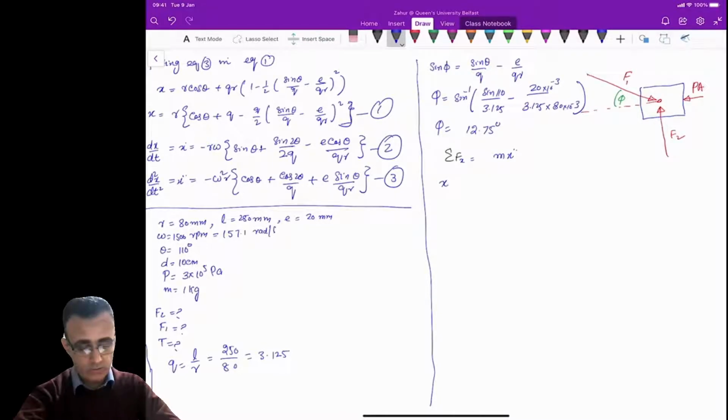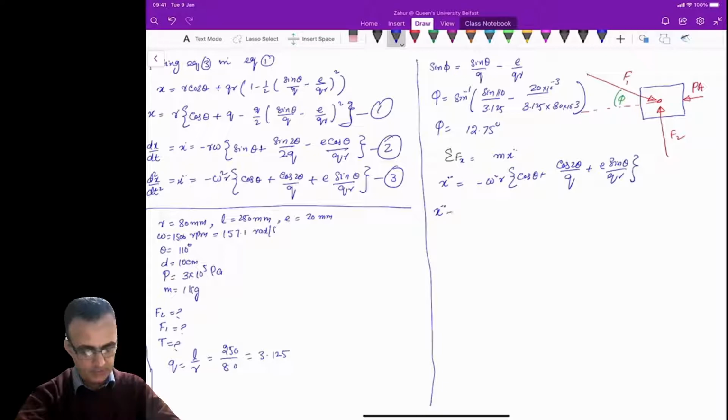So we derived the equation for x double dot, which is this equation here. So it is minus omega square r, cos theta plus cos 2 theta divided by q plus e sine theta divided by qr.